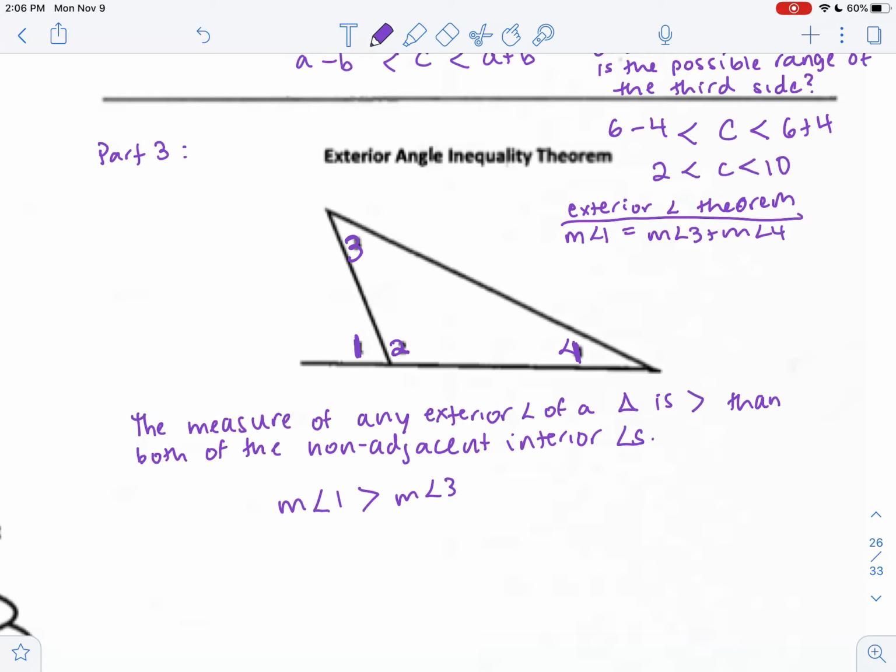It can't possibly be less than 3 if it represents the sum of the two remote interior angles. So measure of angle 1 is greater than measure of angle 3. Similarly, you can conclude that 1 must be greater than 4 as well. So it makes sense to say that the exterior angle has to be bigger than each one of the remote interior angles inside.